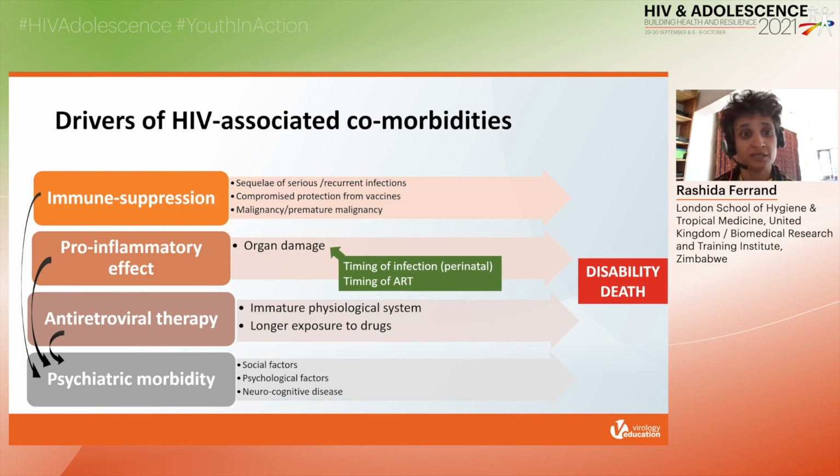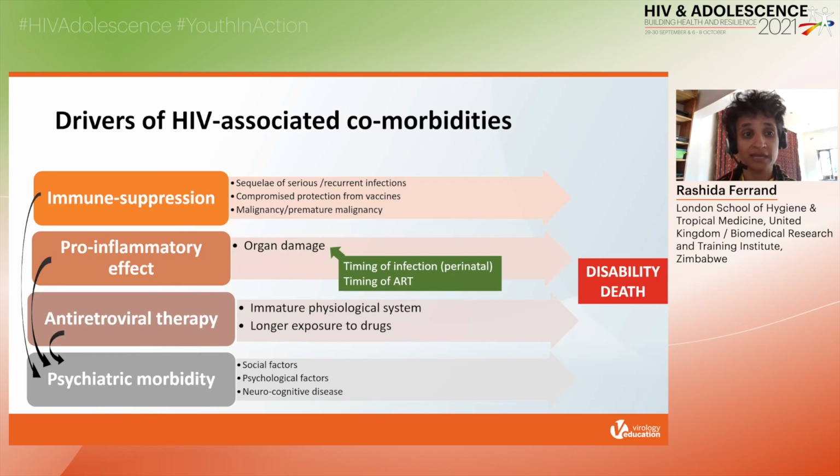We know that there is a compromised protection from normal childhood vaccines. And we've also been observing malignancy and a higher risk of premature malignancy, particularly from viral related tumors in children growing up with HIV.